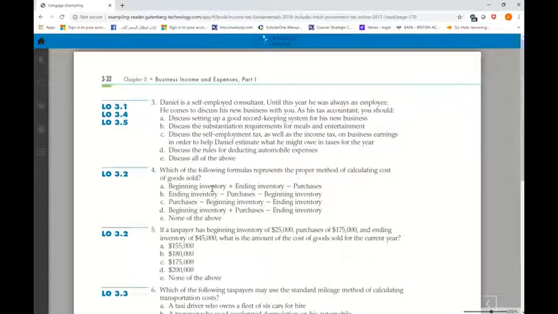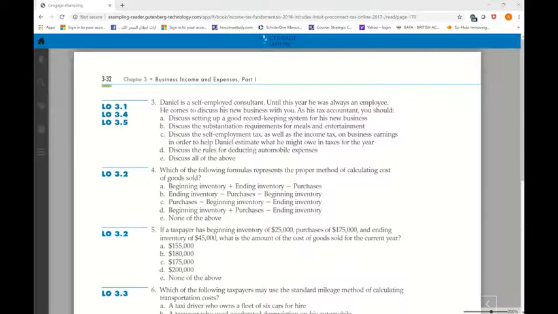Which of the following formulas represents the proper method of calculating cost of goods sold?